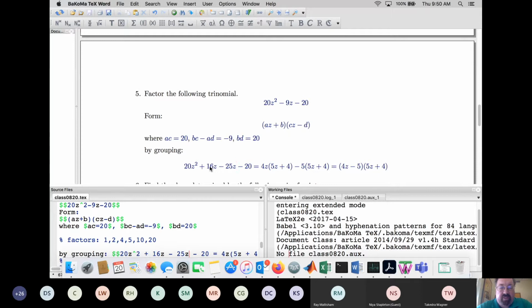So 16z minus 25z is minus 9z, but not just any numbers that add up to minus 9.